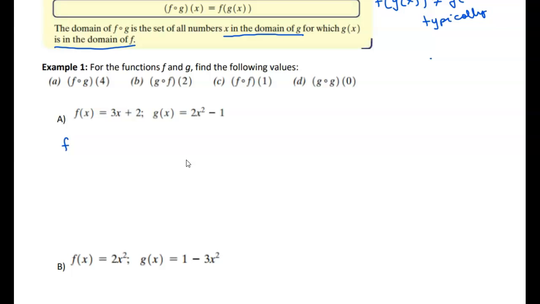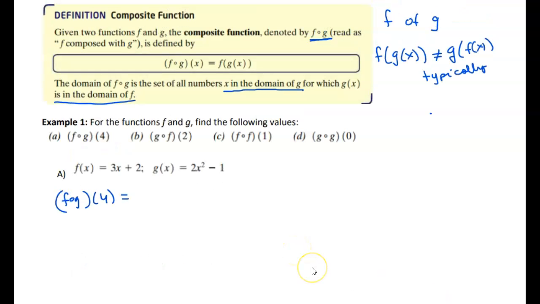We're asked to figure out f of g of 4. This is not multiplication in any sense. The 4 at the end means you find the composition and evaluate it at x equals 4. So don't multiply. The best thing to do is look at the definition: this means f of g of 4.